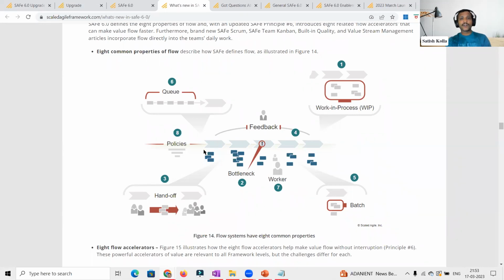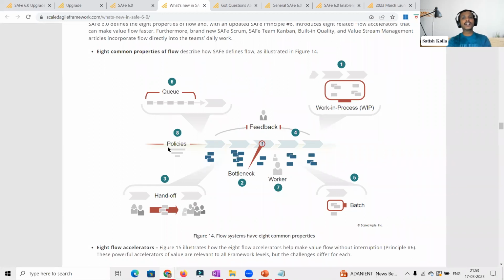And then followed by queue, reduce the queue, and the worker, the team member or the associate who is doing the actual implementation or who is causing any delay or gap, and the policies which could be slowing down the flow as well.